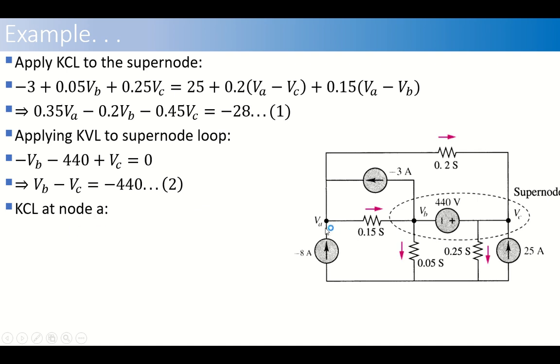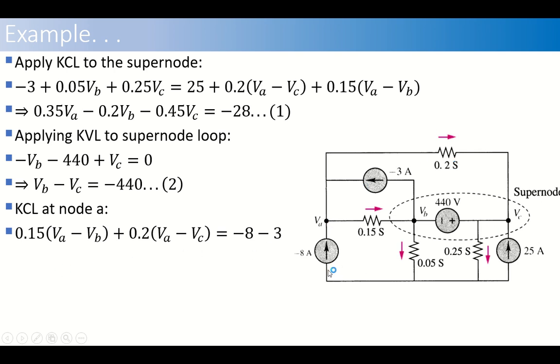Now we can apply KCL at point A. At point A, you can see that there are 1, 2, 3, 4 branches connected. One is an incoming current, and 2 are outgoing currents. Current in the 0.15 Siemens resistance will be VA minus VB multiplied by 0.15, plus the current in the 0.2 Siemens resistance, which will be VA minus VC multiplied by 0.2.